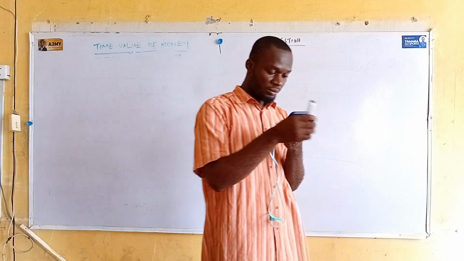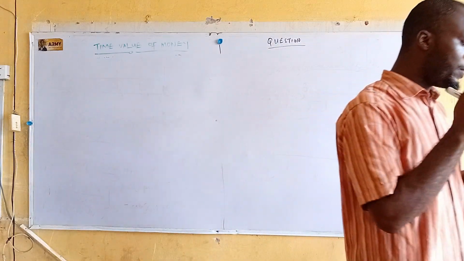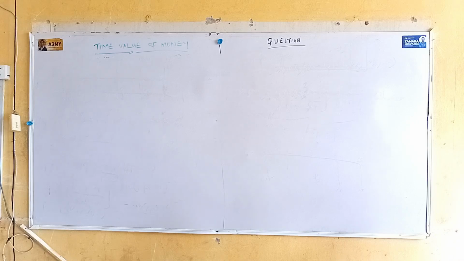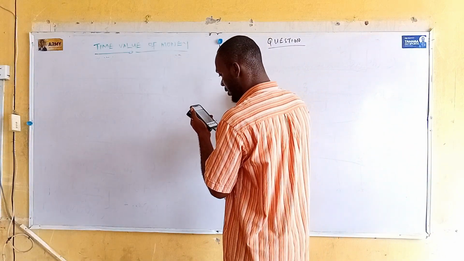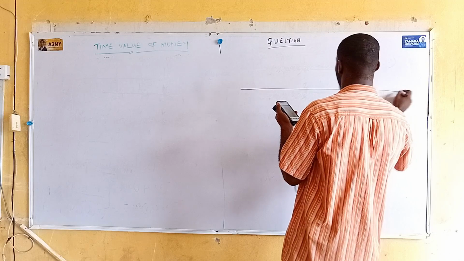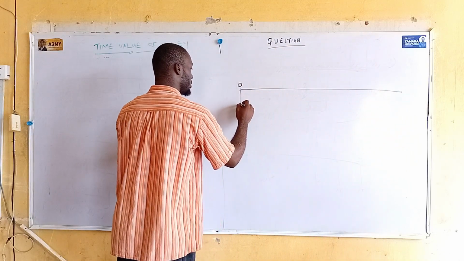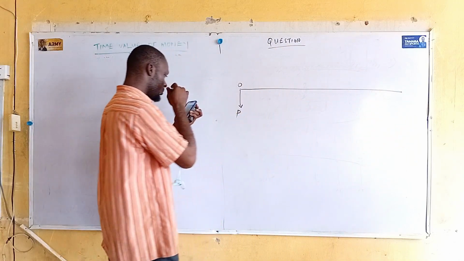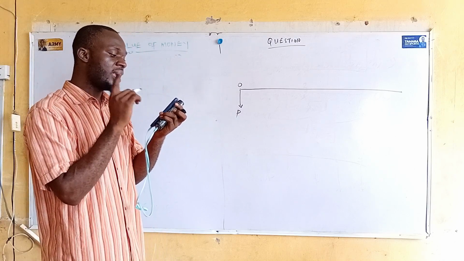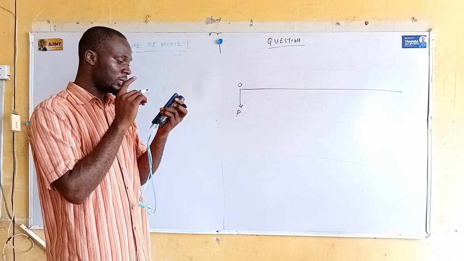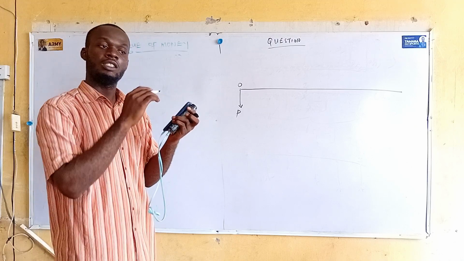Question 2 says, determine the amount of money a person must deposit now in order to be able to withdraw 3,600 for 10 years, starting 20 years from now. Now, how much should the person deposit now? To be able to withdraw 3,600 per year for 10 years, starting 20 years from now.